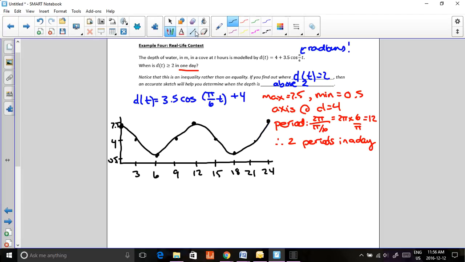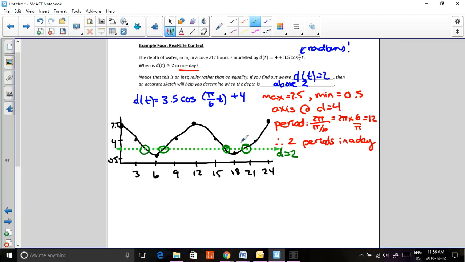And we want to know when d at t is greater than 2. So 2 is about here. Okay. So we'll say that that's d equals 2. So look, we're going to have an answer here, an answer here, an answer here, and an answer here.